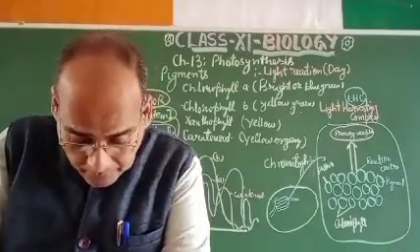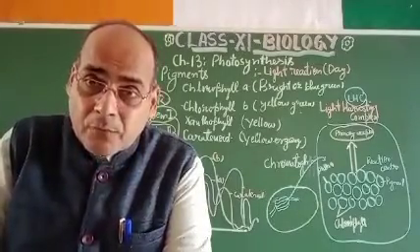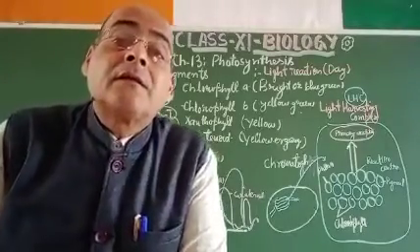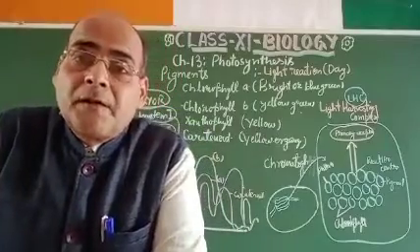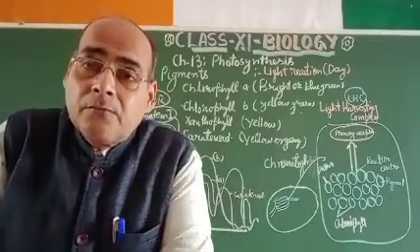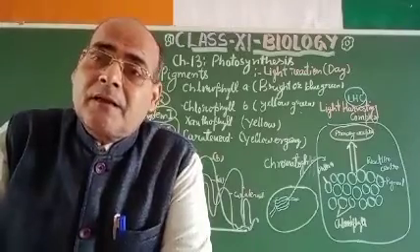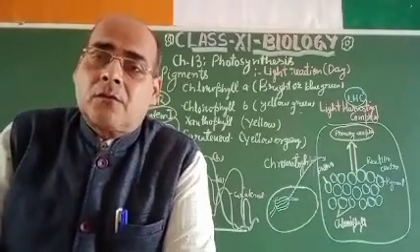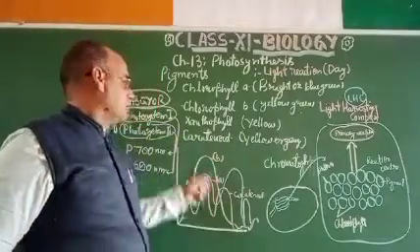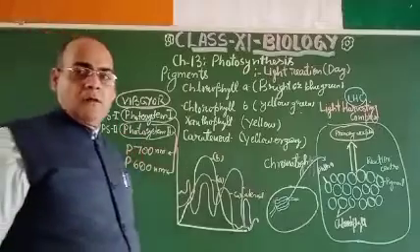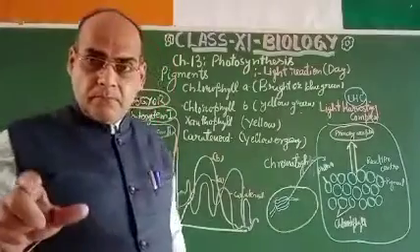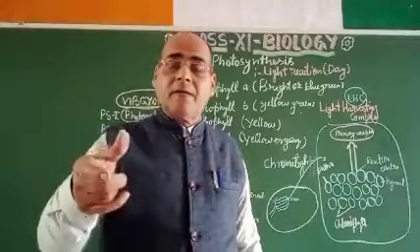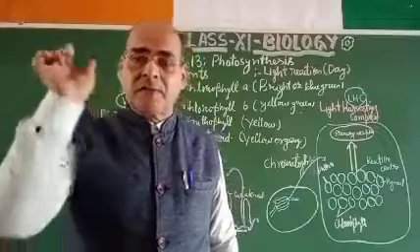The electrons are coming from the splitting of water, and that splitting of water comes under the photolysis of water, which takes place in the light reaction itself. Photolysis of water takes place in the light reaction by these apparatus PS1 and PS2, and the photolysis of water will help you to understand the electron transport system.